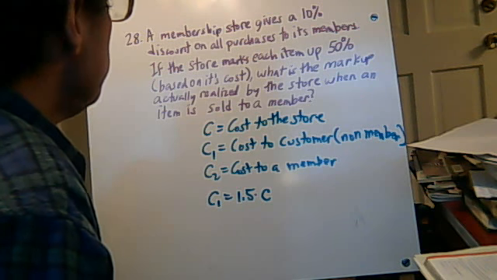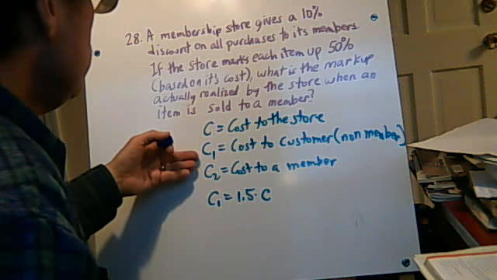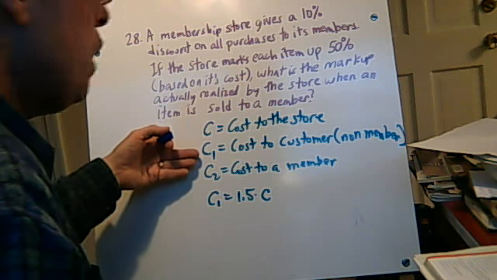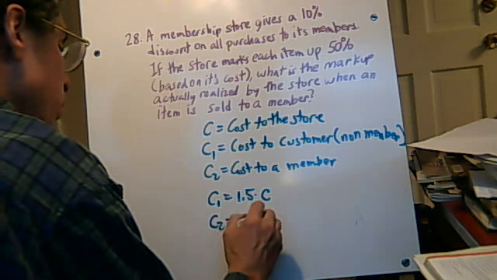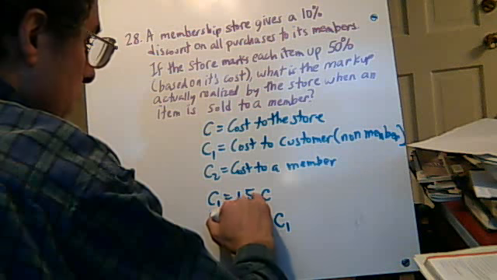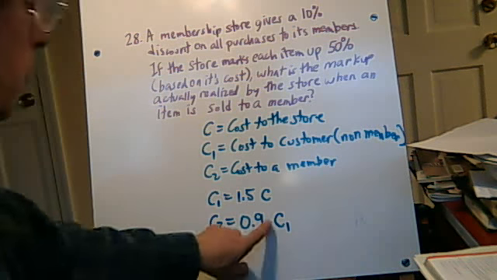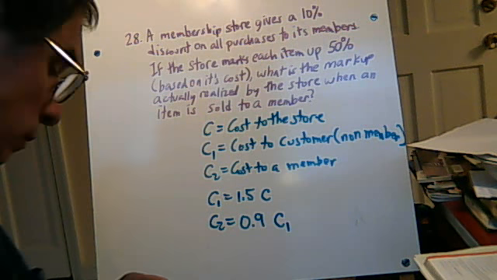And now the member comes in, they get a 10% discount on the cost, that's the price that's on the item, which would be C1. So C2 equals 0.9 times C1. And I'll take away those little dots for multiplication because you know what they are. Okay.